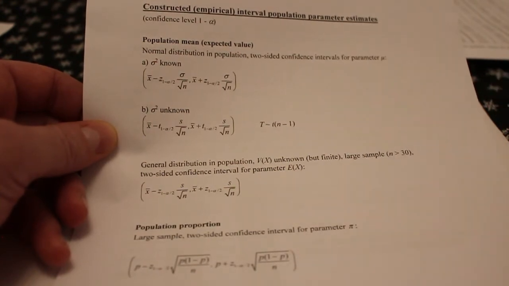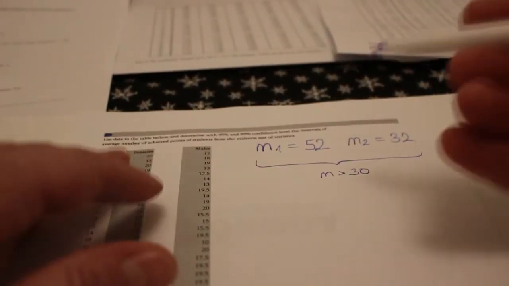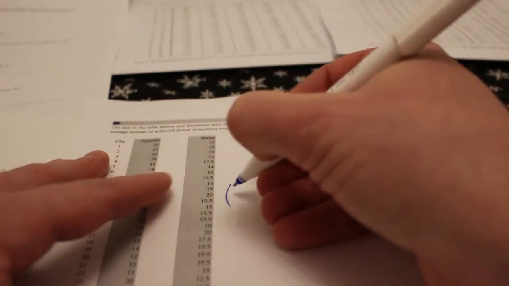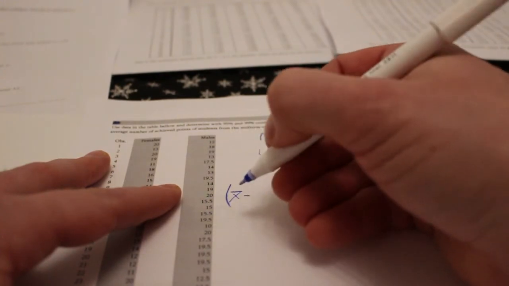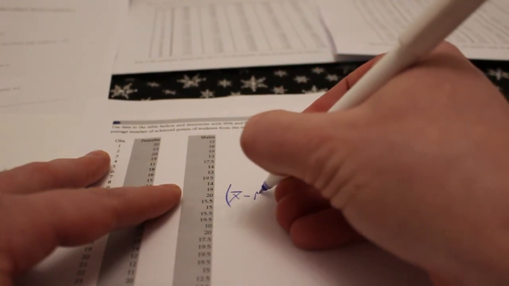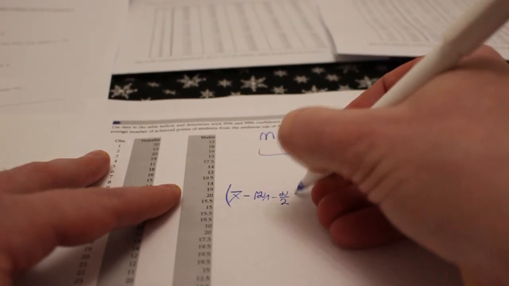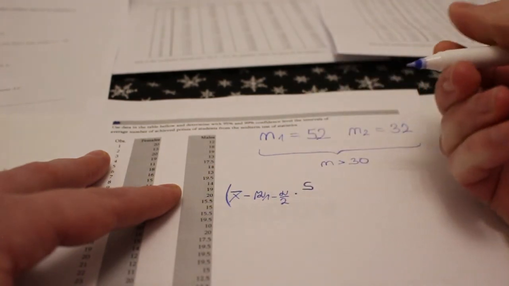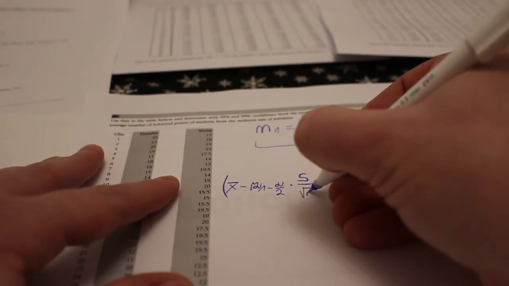So I will rewrite this confidence interval on this paper. What is necessary to write here? Left side: x with stripe minus standardized quantile z of 1 minus alpha divided by 2, times the calculated standard deviation on the basis of the sample divided by square root of n.